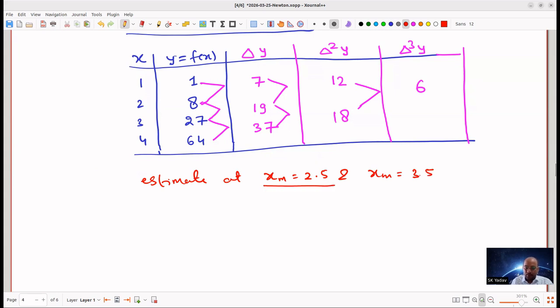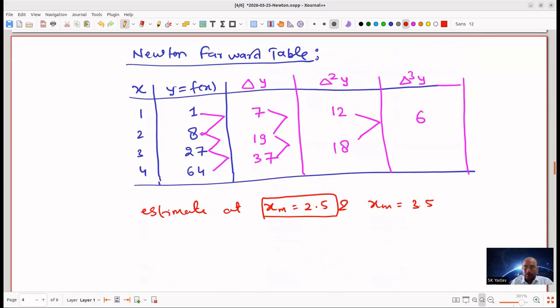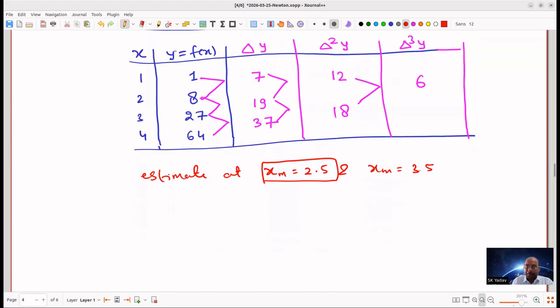So let's go for 2.5 and see what the formula gives. So we have here the initial point, x0 equal to 1. What is the initial y value? y0 equal to 1 here again.